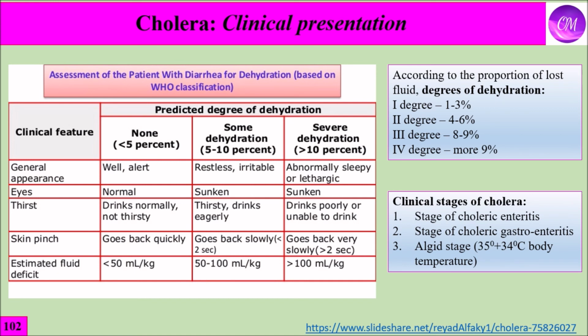And a clinical stage of cholera. There are 3 stages: stage of choleric enteritis, stage of choleric gastroenteritis, and algid stage. This is the lowering of body temperature between 35 and 34 degrees Celsius.